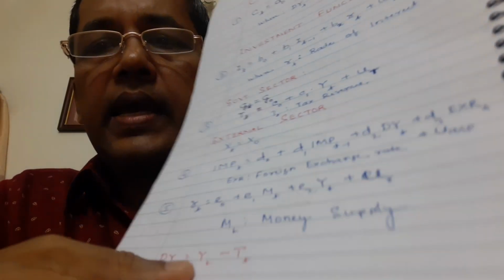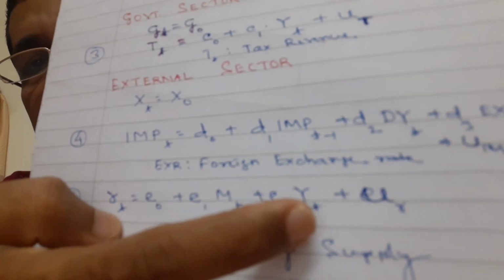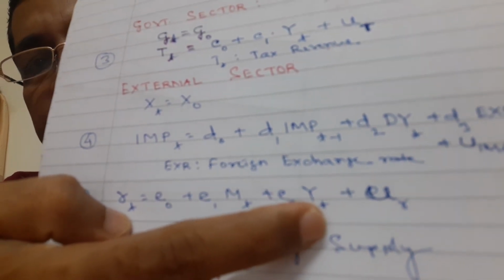Then I'm trying to explain interest rate as a function of money stock and Y_t. If you want, you can even make money stock, money demand endogenous. You can even make the exchange rate endogenous and try to explain it either using purchasing power parity theory or whatever theory you believe in.